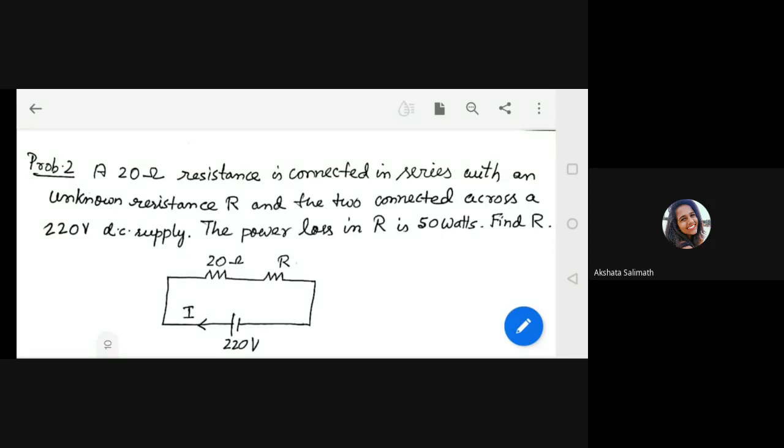So 220 divided by 20 plus R, whole square, into R is equal to 50. This is your first equation.